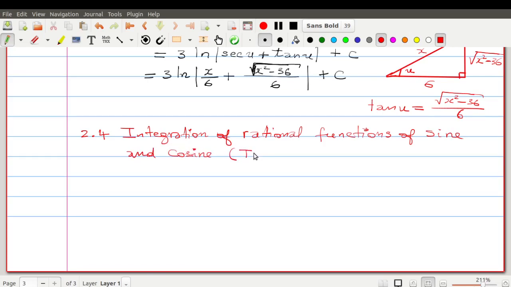That you are going to see what we call the T formula. All right, so this is the next integration technique that we are going to tackle.